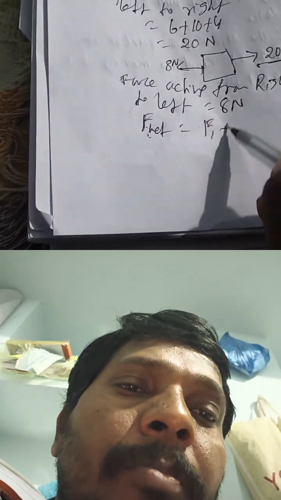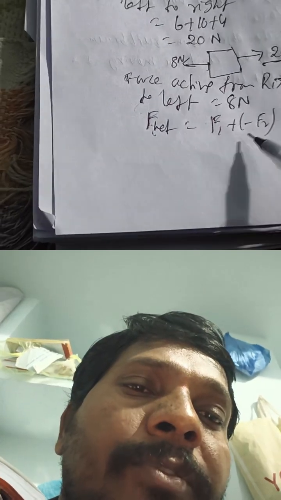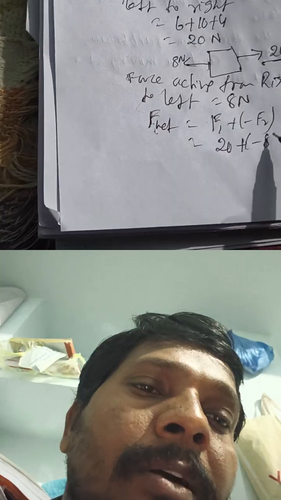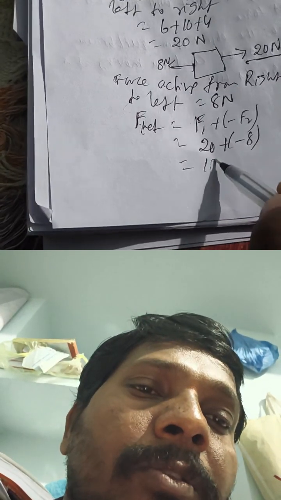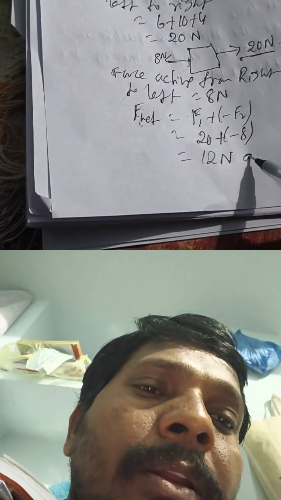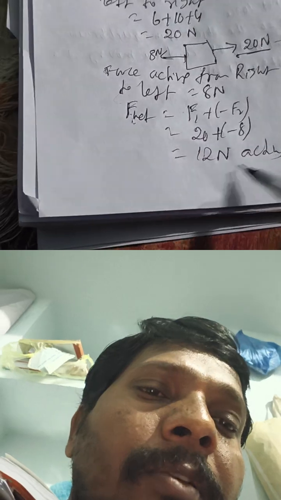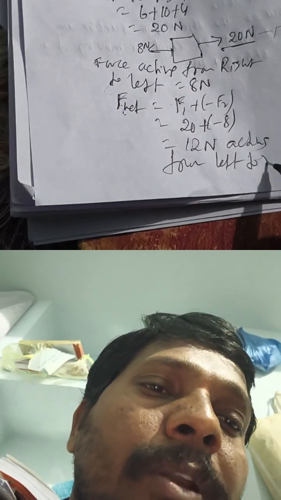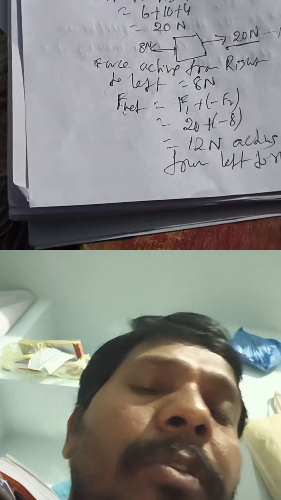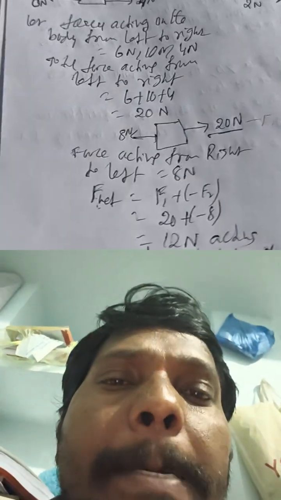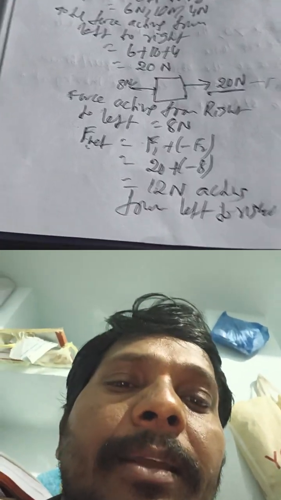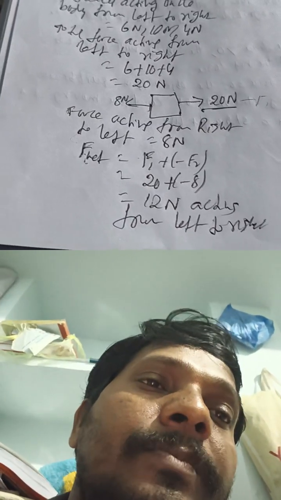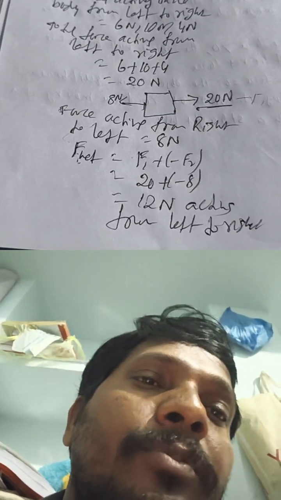So F1 minus F2, that is equal to 20 minus 8, that is equal to 12 newtons acting from left to right. So in this way we are able to calculate the resultant force or net force.